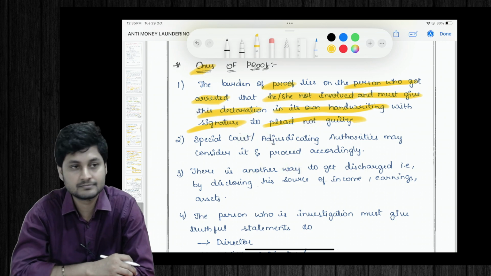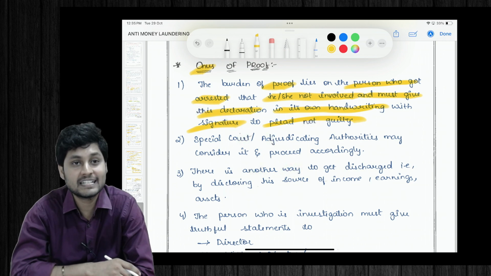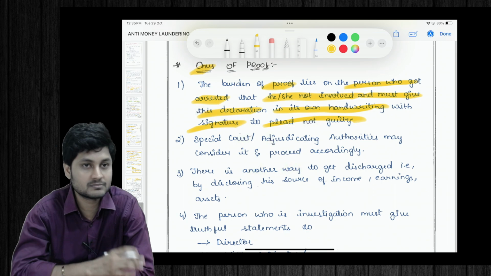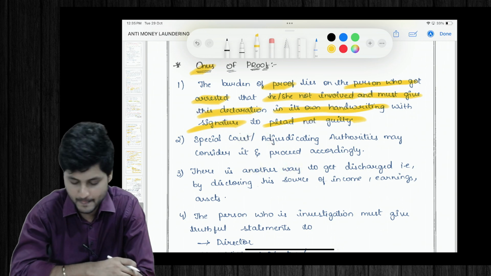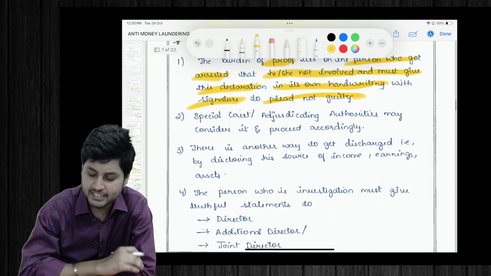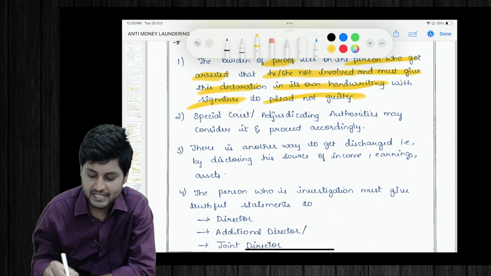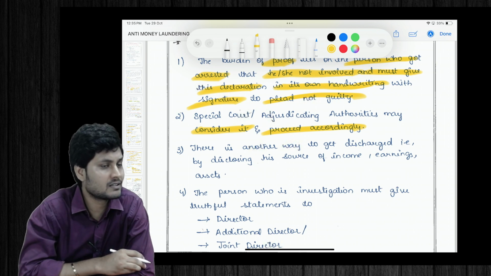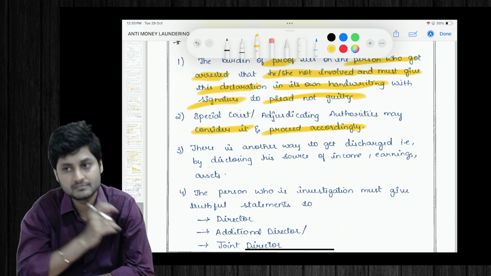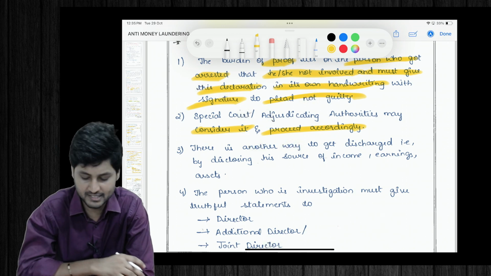What does it mean? Plead not guilty: that I have not committed any mistake అని చెప్పడం. So he needs to prove. It is the responsibility of Mr. Vishnu only. Special court or adjudicating authorities may consider it and proceed accordingly. Special courts may consider whose declaration? Vishnu's declaration, and proceed accordingly.